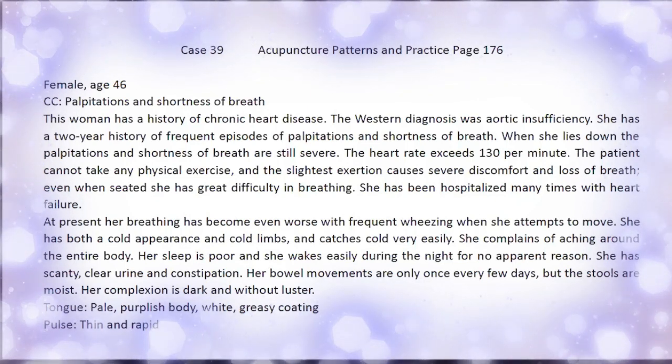Where did you put the question mark there? Truly, for this case, it is mainly heart yang deficiency.